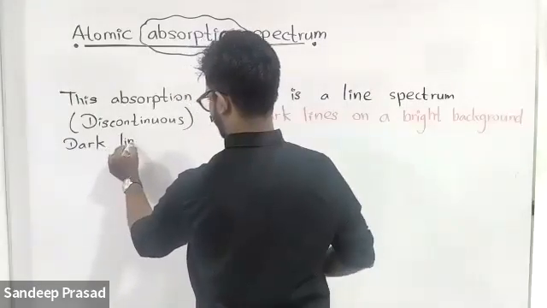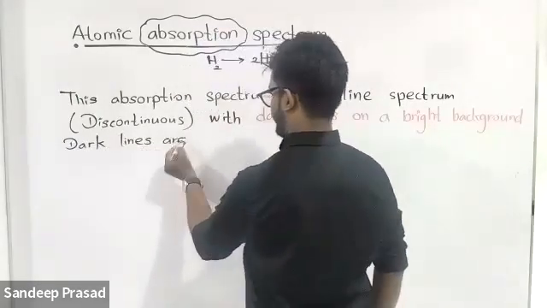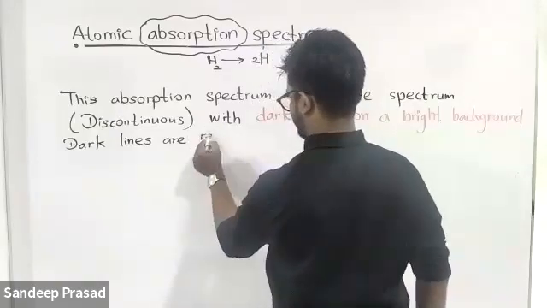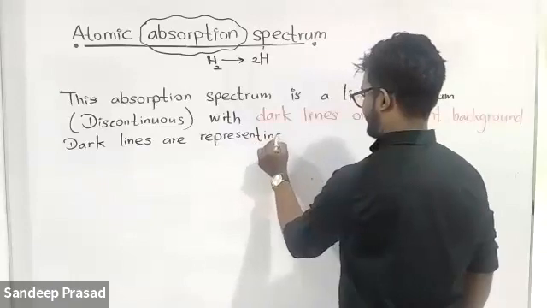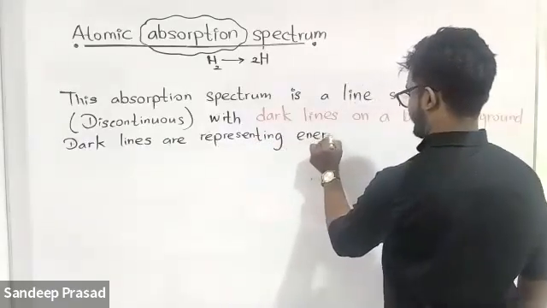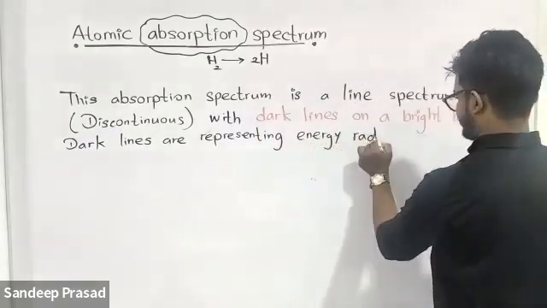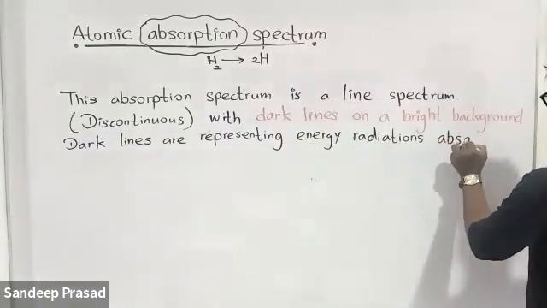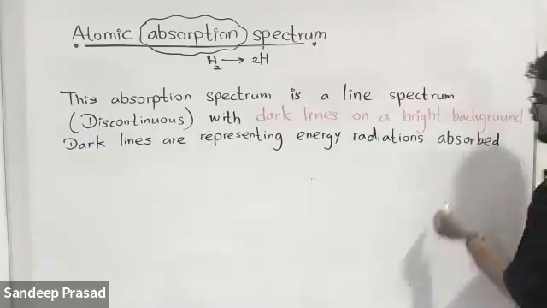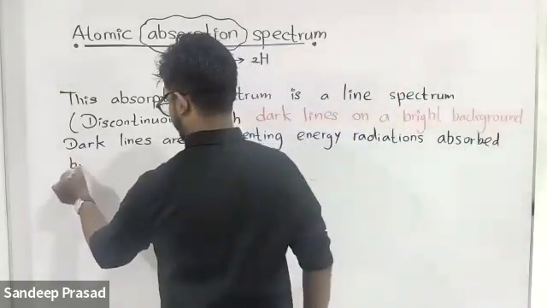Dark lines are representing energy radiations absorbed by hydrogen atoms.